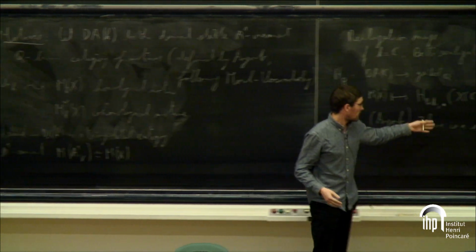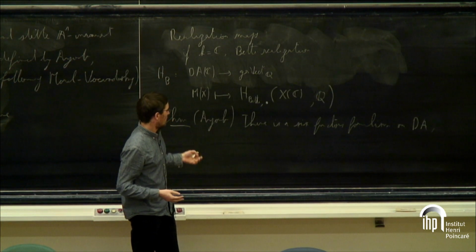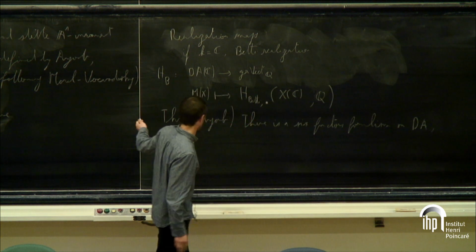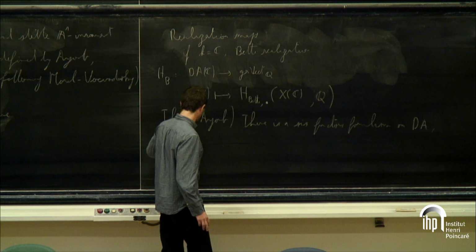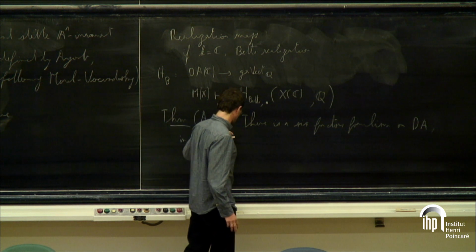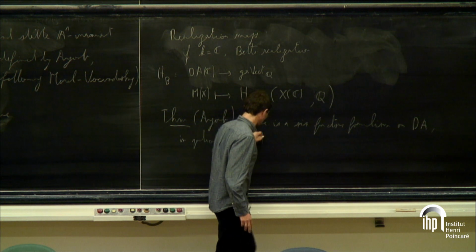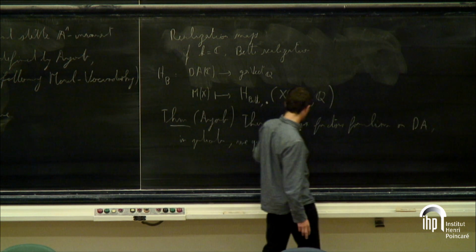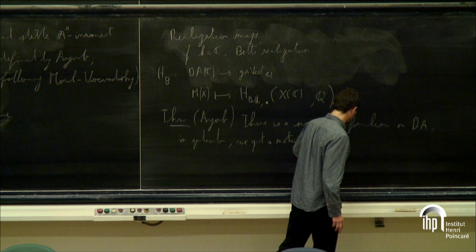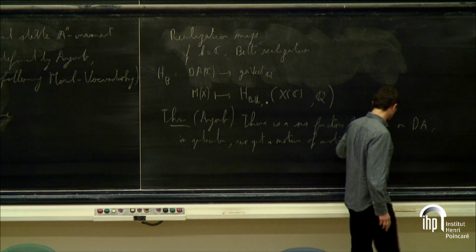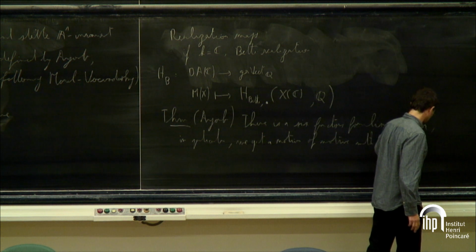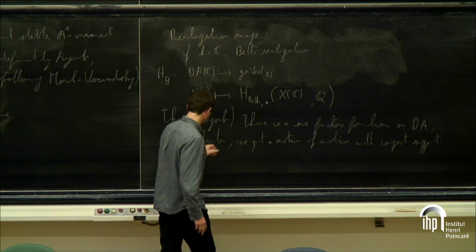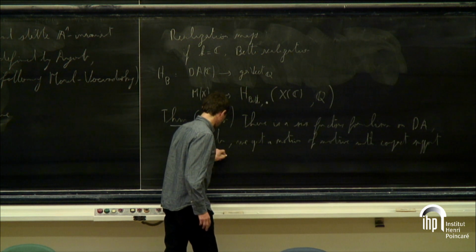The six-functor formalism means you can also define some other functors, and the only consequence of this I will need is that we get a notion of cohomological motive with compact support, which we'll denote by M with a lower c.